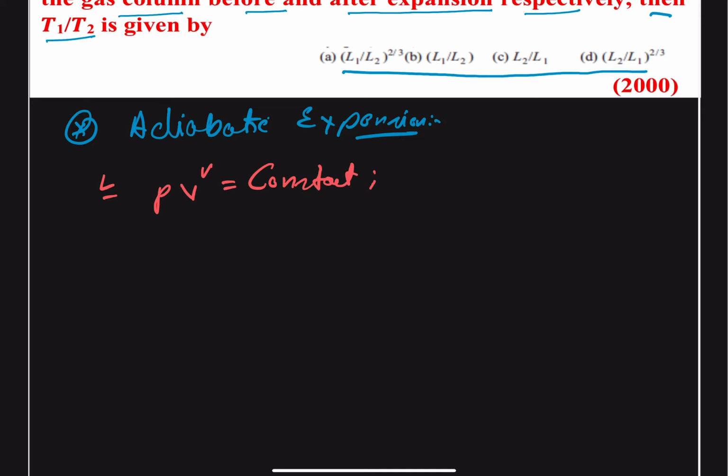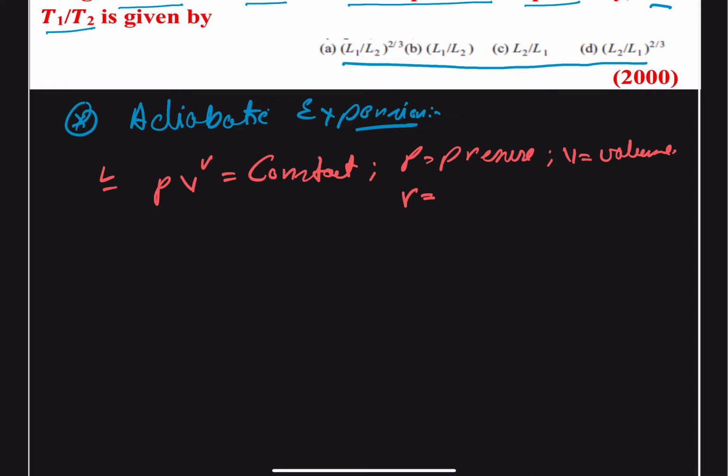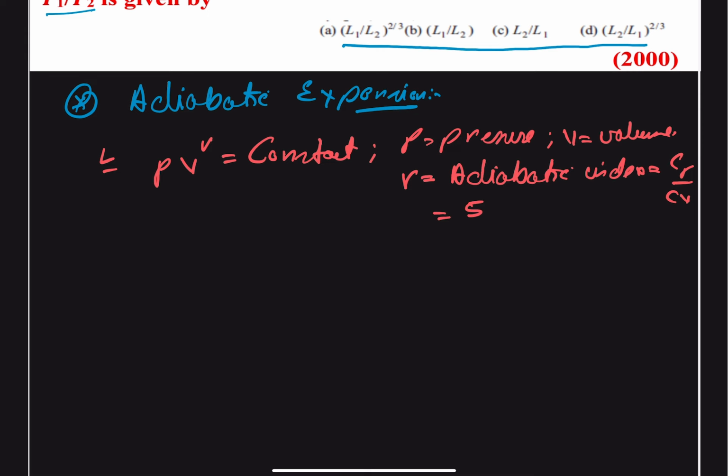Here P is pressure, V is volume, and gamma is our adiabatic ratio or adiabatic index, which is given as Cp by Cv, and this value is equal to 5 by 3 for monoatomic gas.